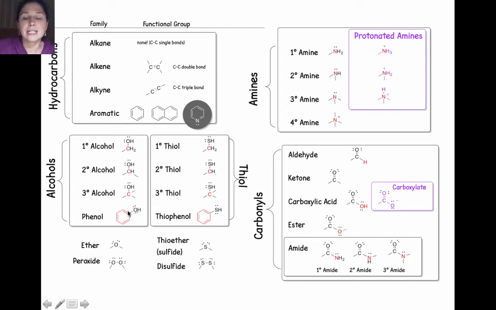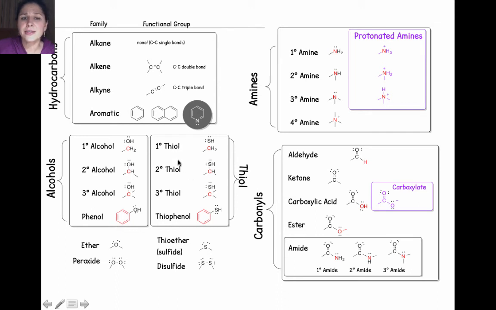And then a special case of when an alcohol is attached to an aromatic group is called a phenol. So even though this is an alcohol and this is an aromatic group, when they're together, they're called something else. It's kind of like the phenol trumps the other two. So this is a phenol.